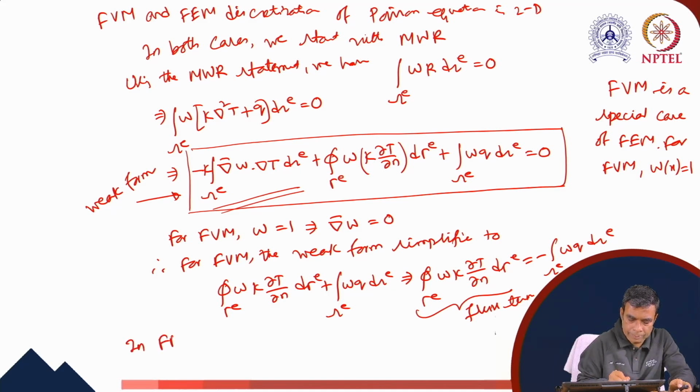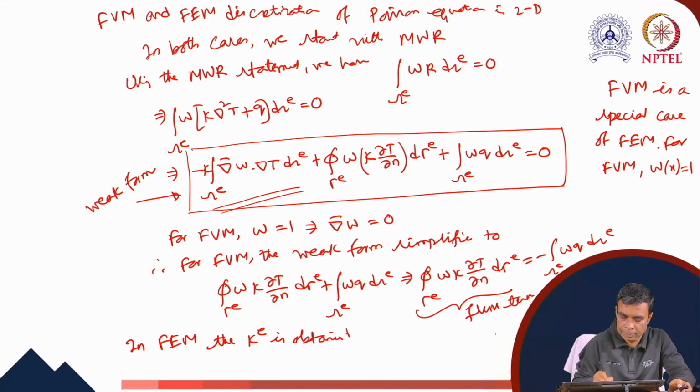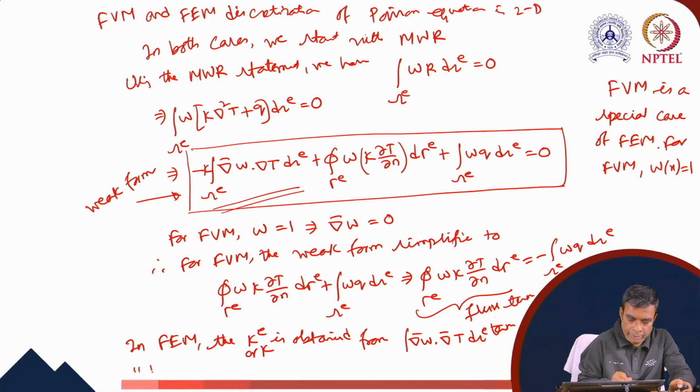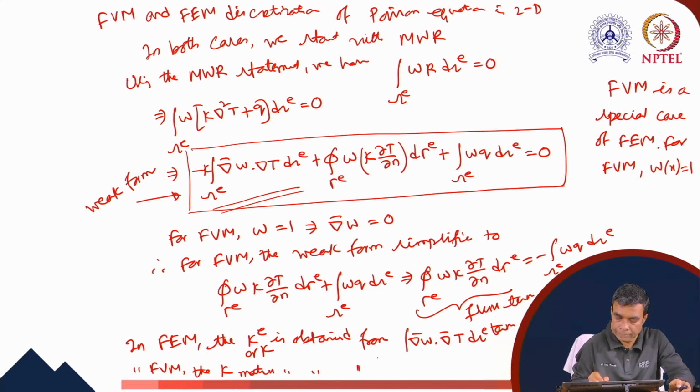In FEM, the stiffness matrix Ke, or assembled matrix K, is obtained from gradient of W dot gradient of T d omega e term. In FVM, the K matrix is obtained from boundary integral of gamma e W K del T del n d gamma e term.